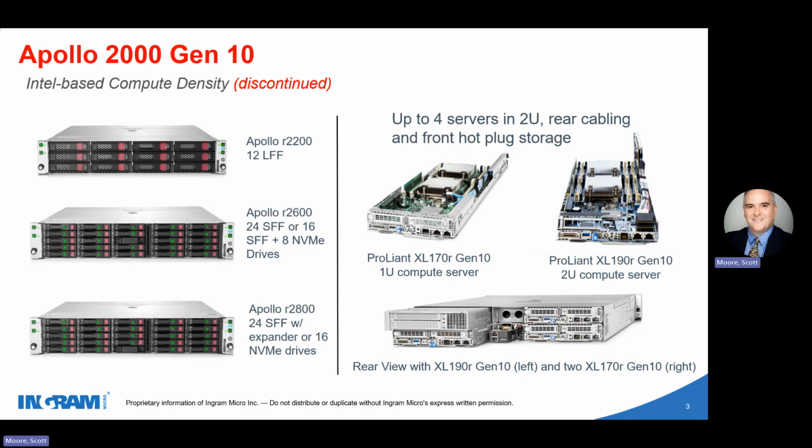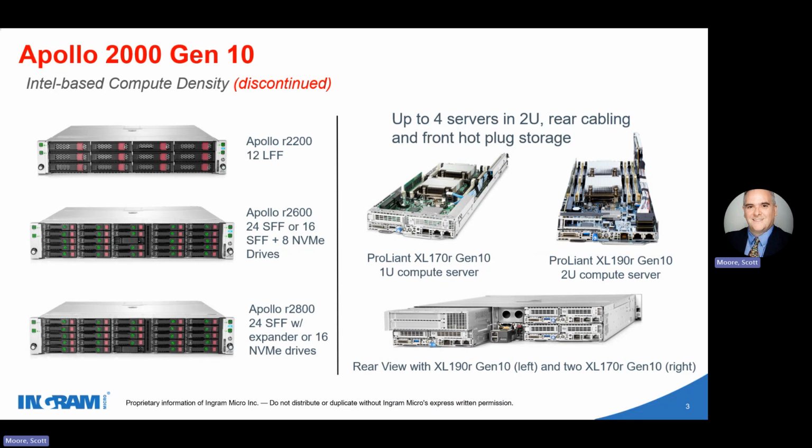I should mention too, you can mix and match the servers. So I could put in, say, 2 XL170Rs and 1 XL190R if I wanted to. I could also leave empty space inside the chassis, and there were blank modules to put in the empty server nodes just to keep the airflow directing the appropriate way for cooling.